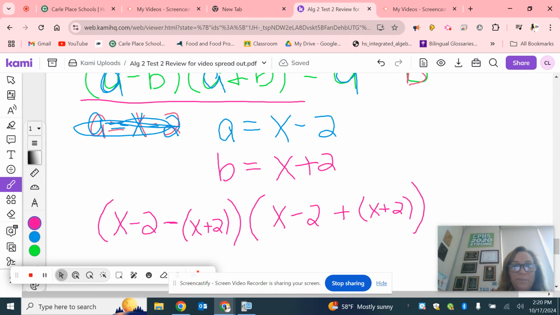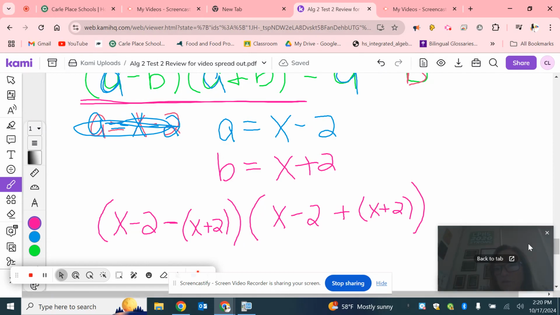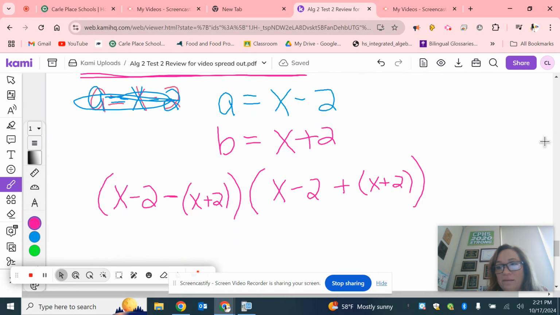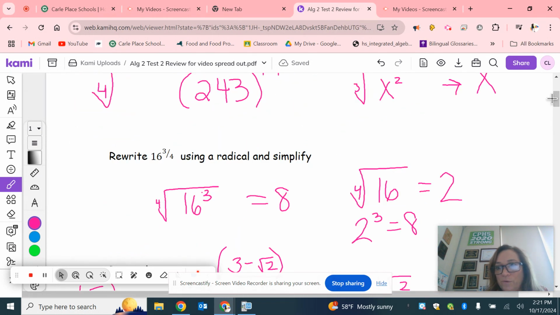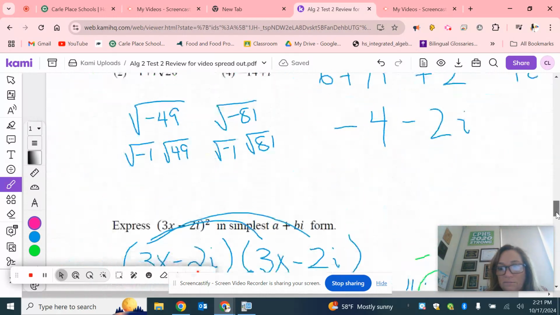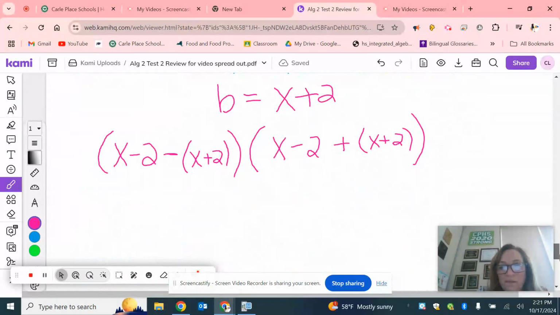Okay, I'm using this up here. Scroll down a little so you can see it. Okay, A subtraction B, A add B. All right, now I'm going to do this math. Whoops, now I'm going to lose the paper. Thank you for your patience with me.